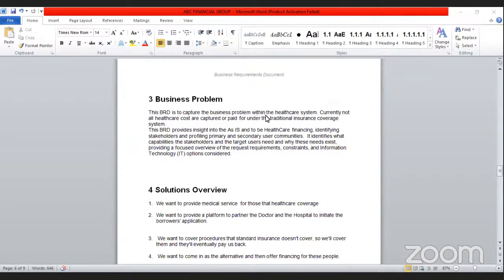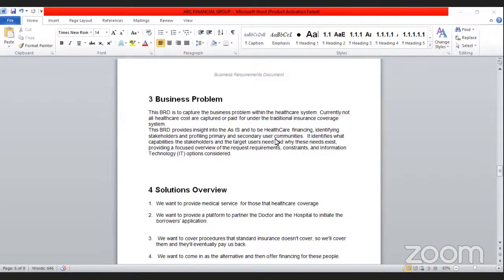So these are the business problems. This BRD is to capture the business problem within the healthcare system. Currently, not all healthcare costs are captured or paid under the traditional insurance coverage system. The BRD provides insight into aspects of healthcare financing, identifying stakeholders, and profiling primary and secondary user communities.